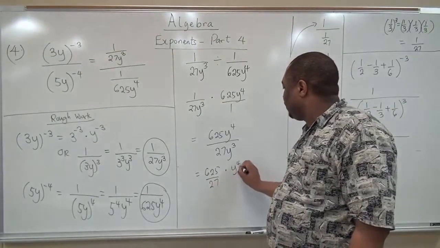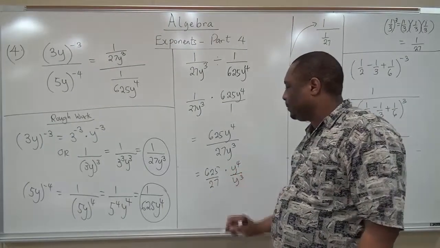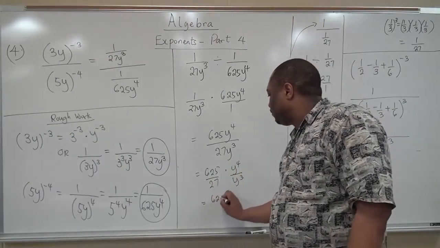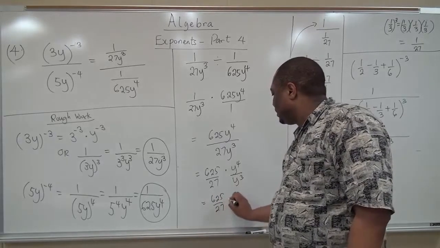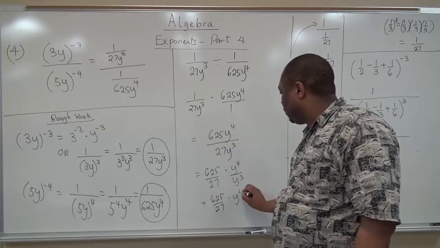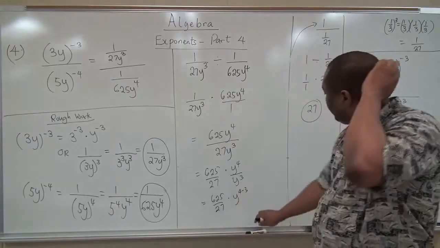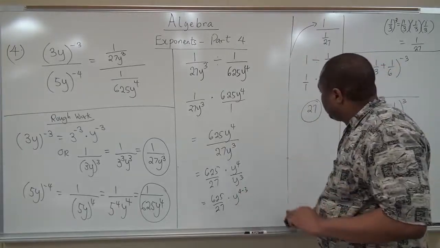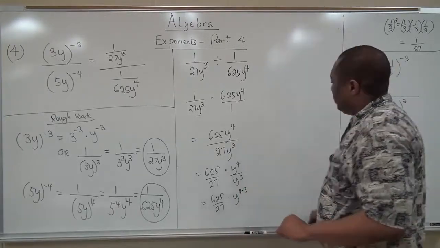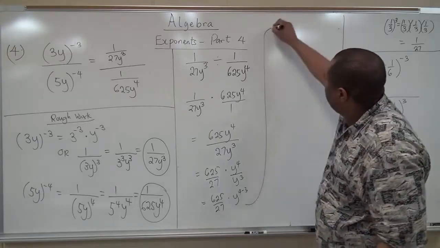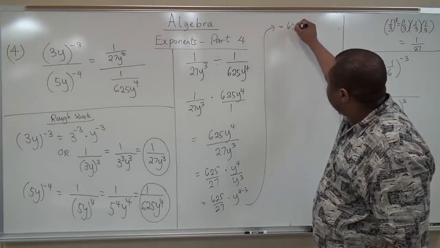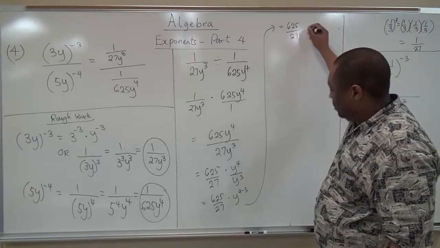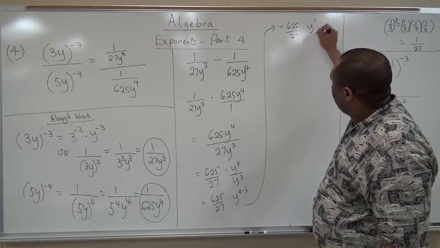So this is y exponent 4 over y exponent 3. And that gives you 625 over 27 times y exponent 4 minus 3. That becomes 625 over 27 times y1.